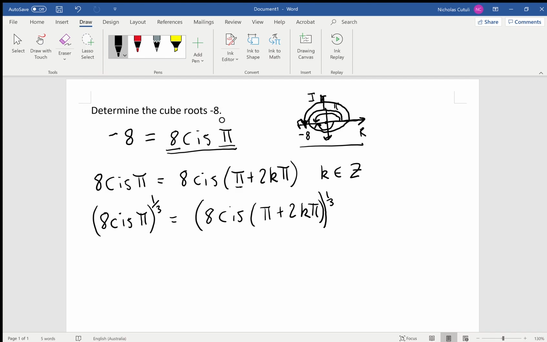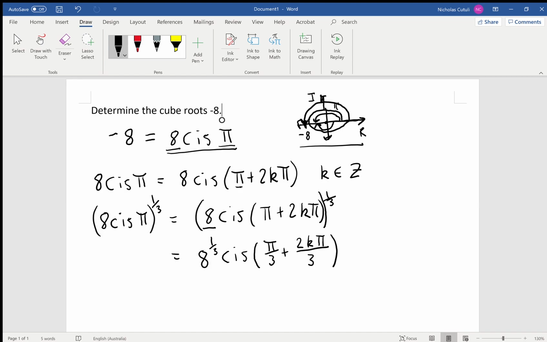Okay, now using de Moivre's theorem, which we know, I can say that this is equal to, with the modulus, I can just say, well, that's 8 to the power of 1/3. All right? And then if I'm looking at the argument, because it's to the power of 1/3 here, that's the same as multiplying the argument by 1/3 or dividing it by 3. Okay, so if I divide it by 3, I'll end up with pi on 3 plus 2k pi on 3.